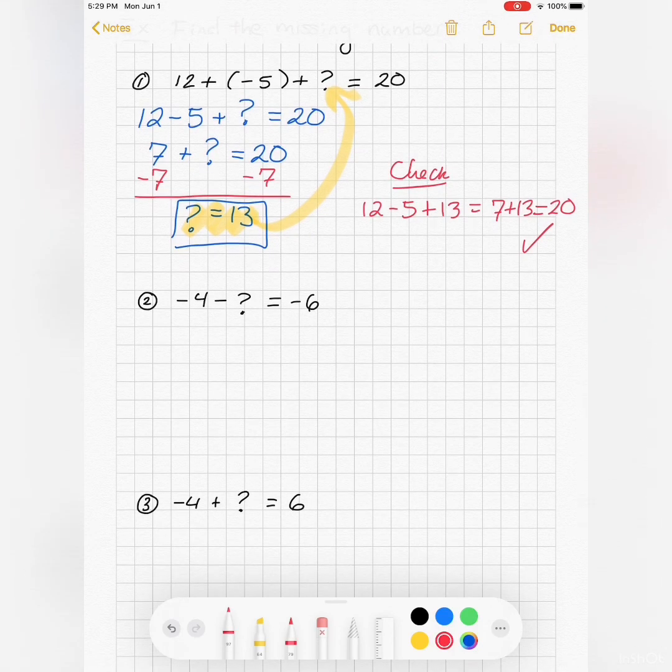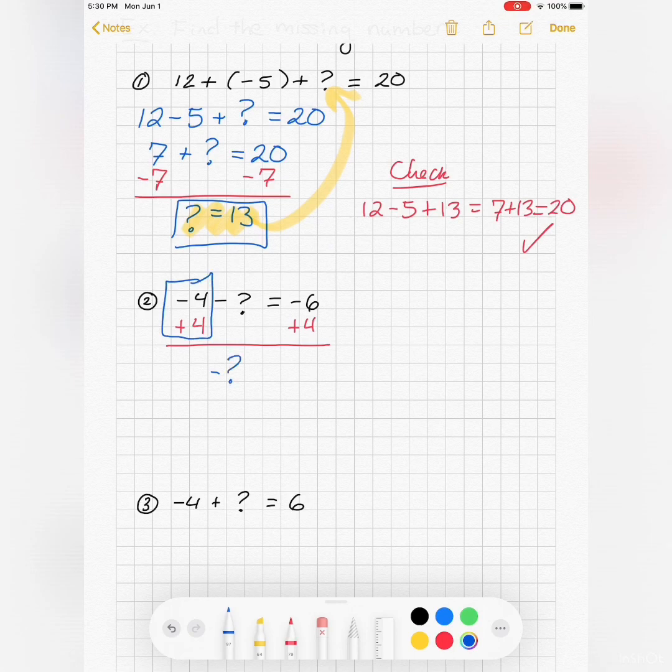Negative 4 minus what number is negative 6? Okay, let me start by adding the 4. Okay, so still got this negative in front because all I've dealt with so far is this term.